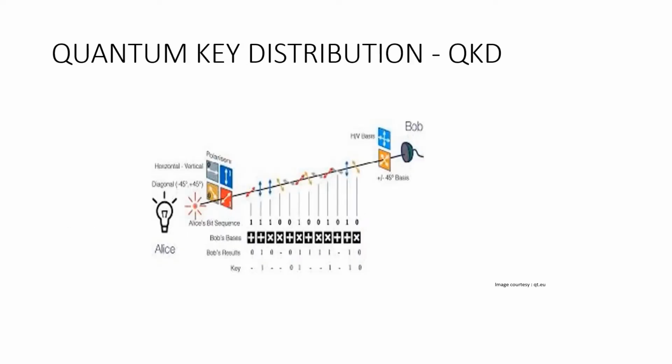The first, best known and developed application of quantum cryptography is quantum key distribution, QKD, which is the process of using quantum communication to establish a shared key between two parties, Alice and Bob for example, without a third party, let's say Eve, learning anything about the key.